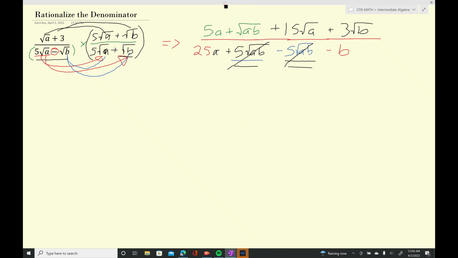Let's look at the numerator. I see a 5a plus the square root of ab plus some other stuff. I don't see any like terms, so we're just going to rewrite it to get closer to our final answer.